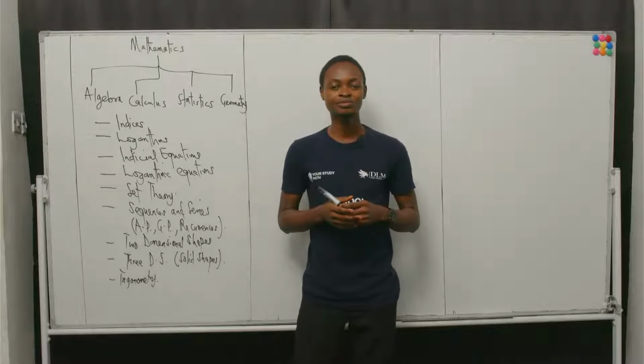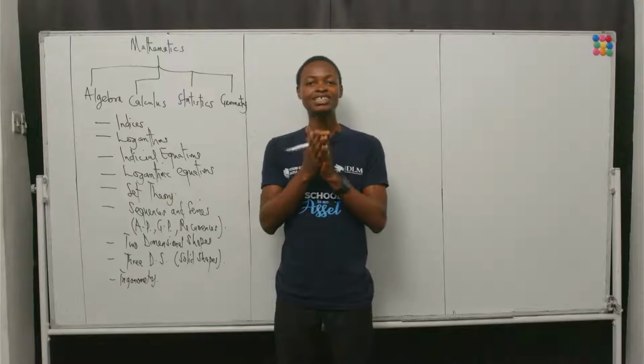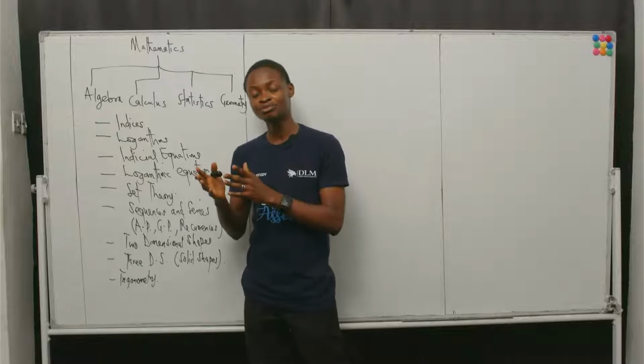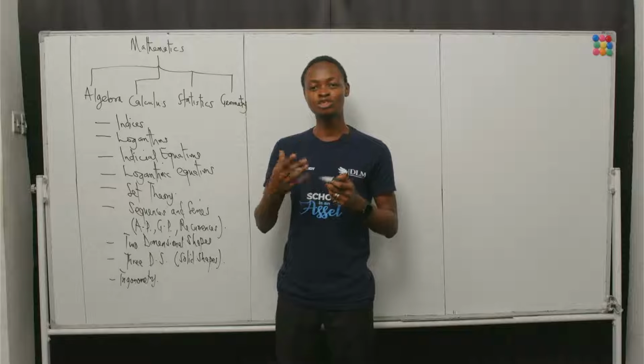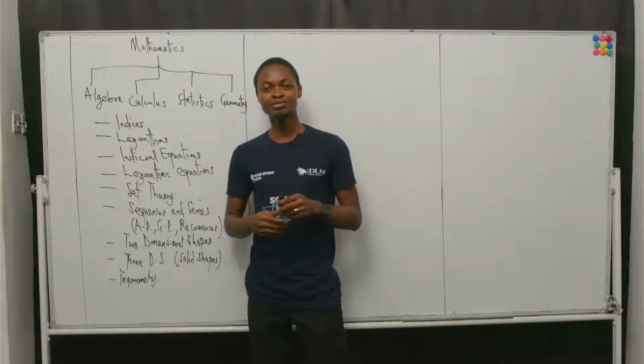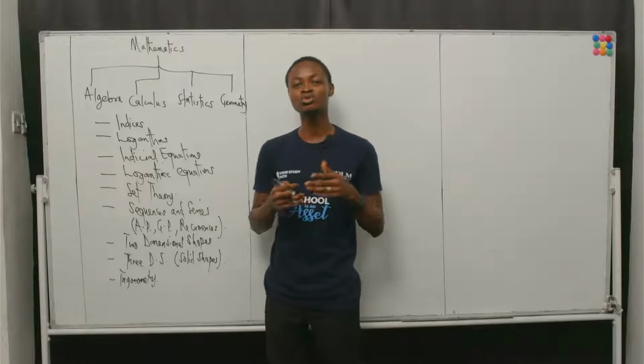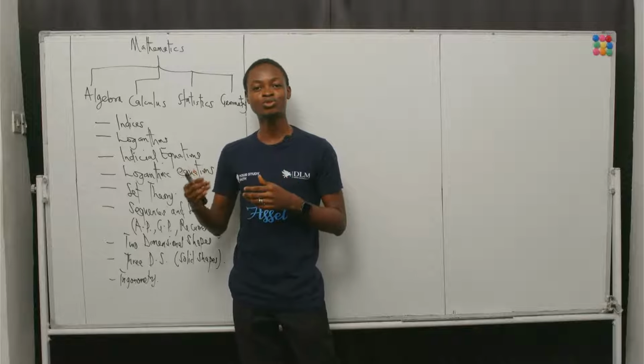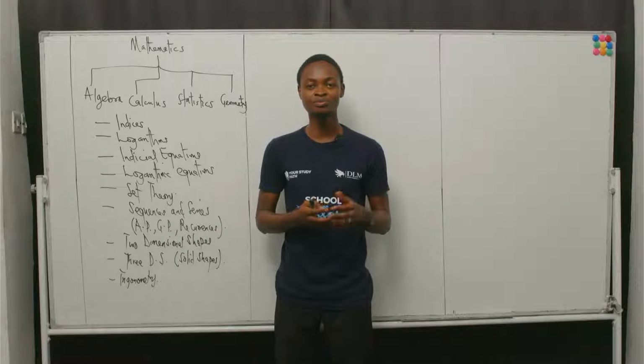For instance, in objective-based examinations like JAMB, the emphasis would be on speed, as well as questions you would be able to solve in the shortest possible time, because it's objective-based.